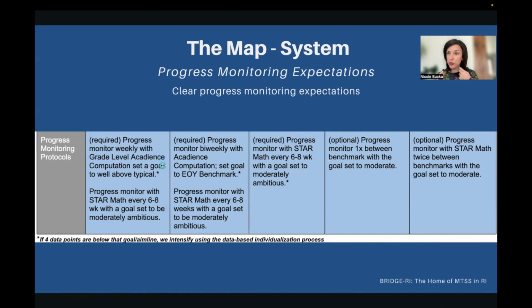This particular school is using a cadence because STAR took too long to use as their progress monitoring, and they want their computation goals set to well above typical, which is the rate of improvement norm-based goal setting. And then they're still going to want to monitor with STAR because they want to make sure that by the next benchmark window, the fall, winter, spring, the achievement gap is closing. So every 6 to 8 weeks, they'll do one with STAR with a goal set to ambitious.